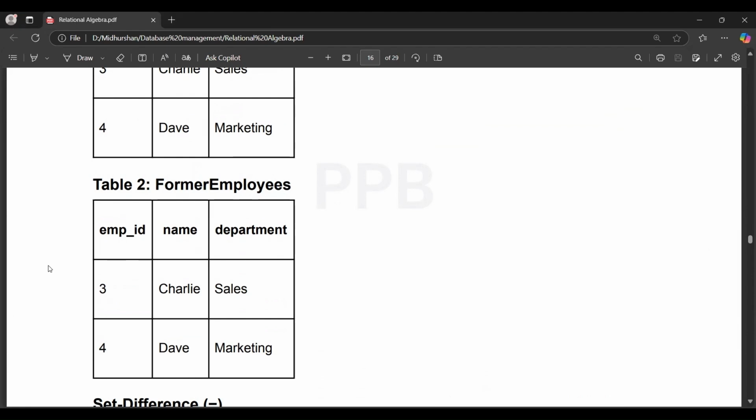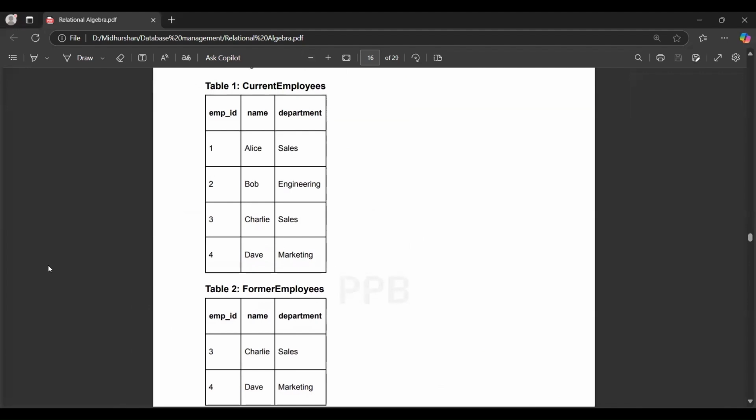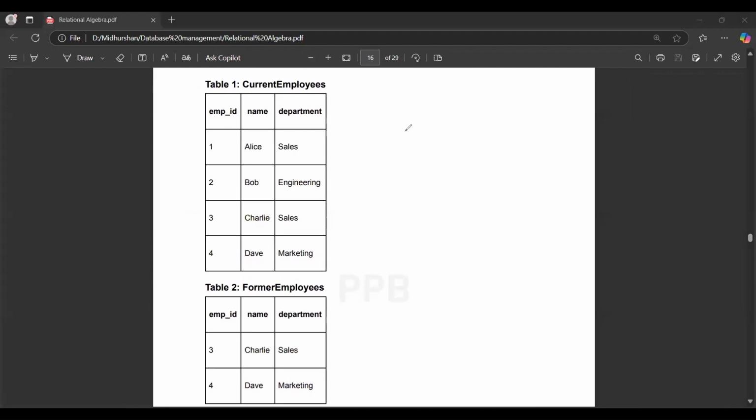So if I apply set difference, current employees minus former employees, I will be left with only 2 tuples.